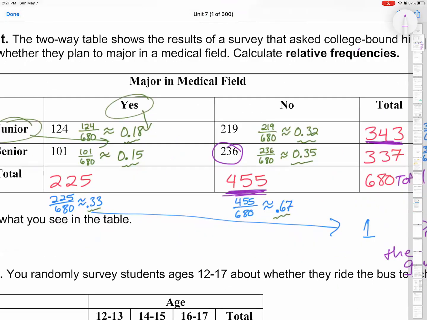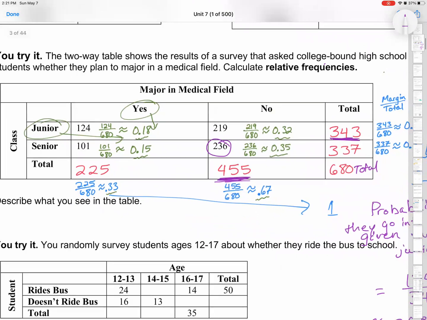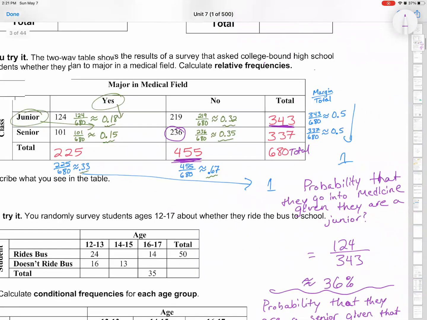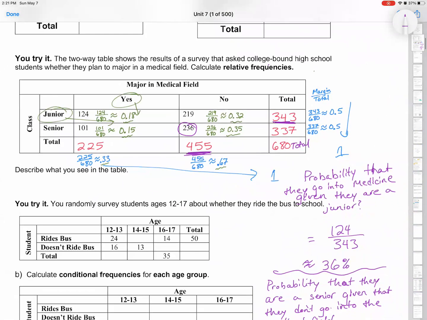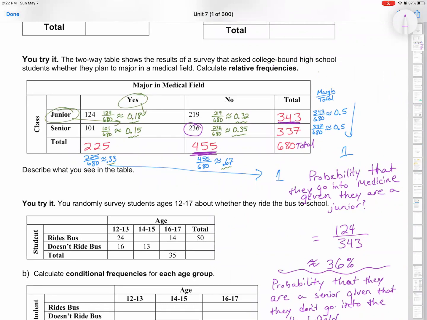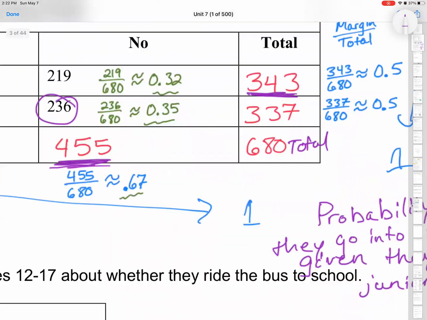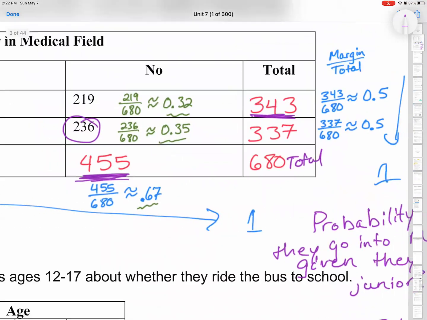And then finally, the conditional probability. So given that a certain scenario is happening, like you know it's happening, that's going to change your total. What is the probability that you randomly pick a student from this field? So we use the example, what is the probability that they go into medicine given that they're a junior? Well, we know that they are a junior. There are 343 of them.